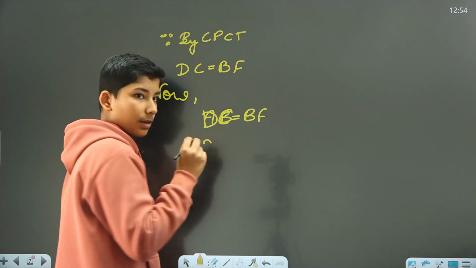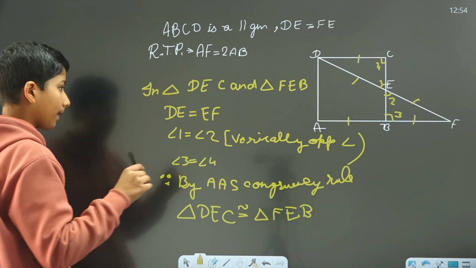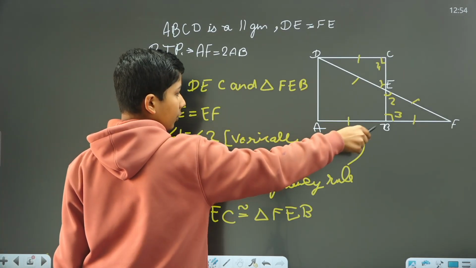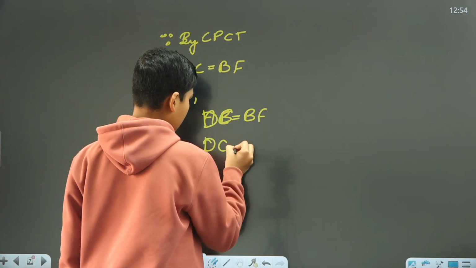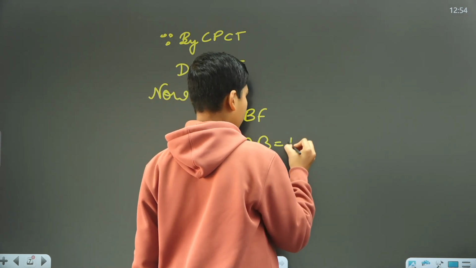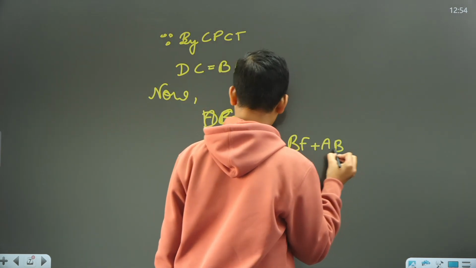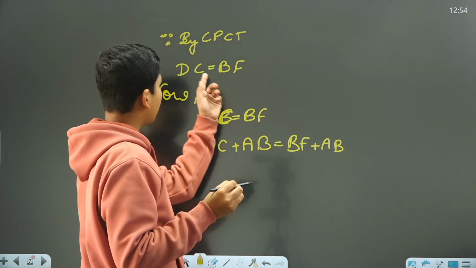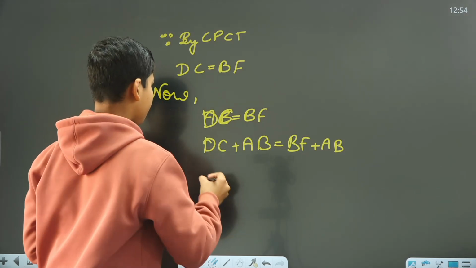If we add AB to both of them, DC plus AB equal to BF plus AB. Instead of DC, what can we write? DC equal to AB, we have proved.